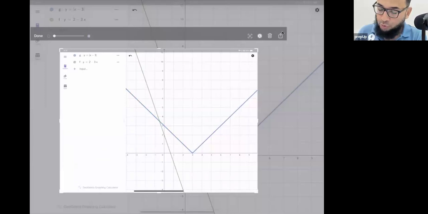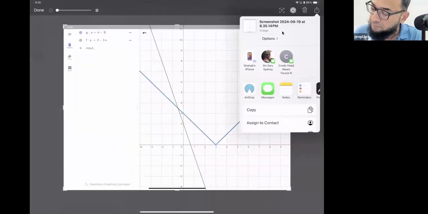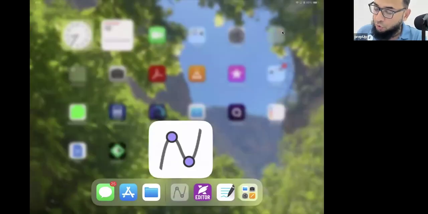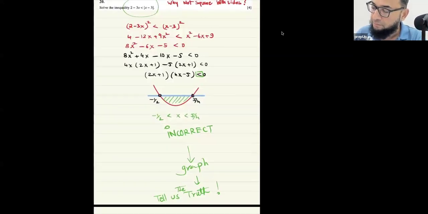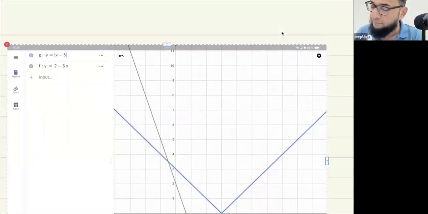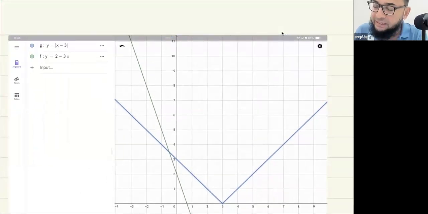So again, let me copy it and paste it over here. Now what do you see? The blue line is the modulus thing, and this one is green.